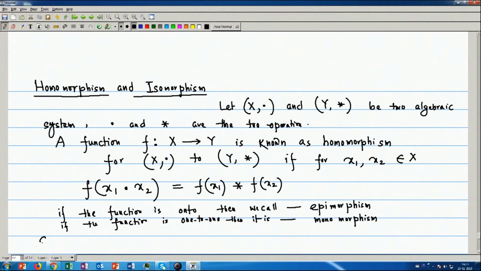And if the function is one to one and onto, then it is isomorphism.